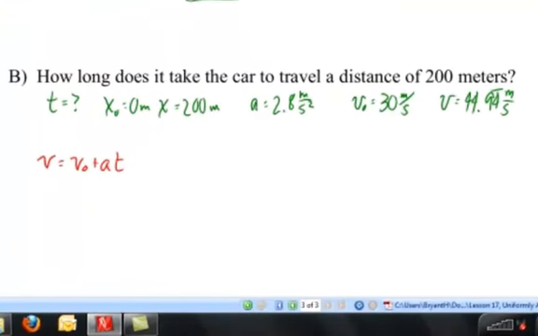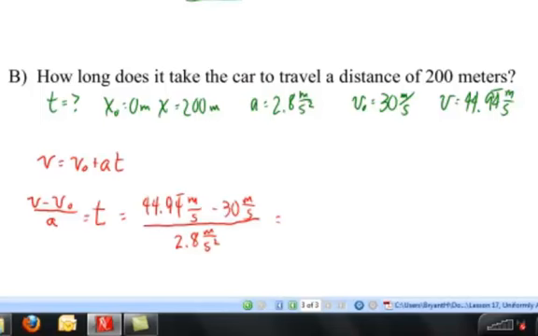Let me subtract v naught from both sides and divide both sides by a and get t by itself on one side. So if you'll permit me to do 2 steps of algebra in one, that will save some space here. Now I can put in the numbers. I know all those numbers. And now I turn the mathematical crank, basically punching things into my calculator, and to two significant figures I get 5.34 seconds. And that solves this problem.